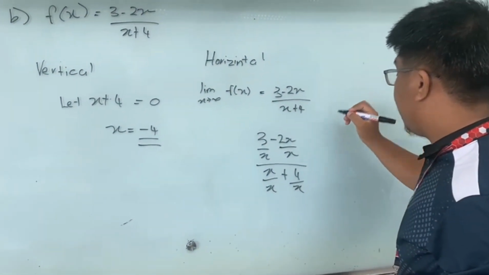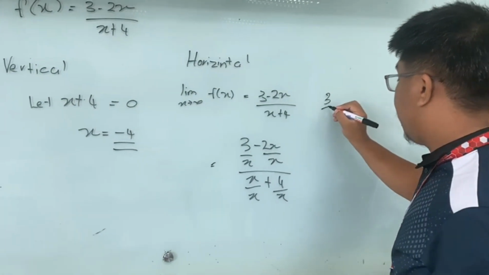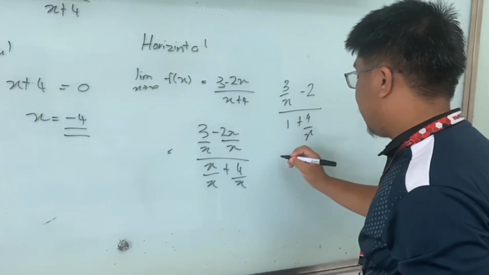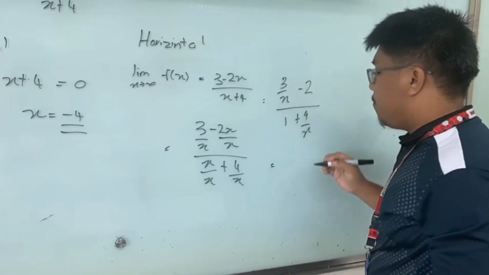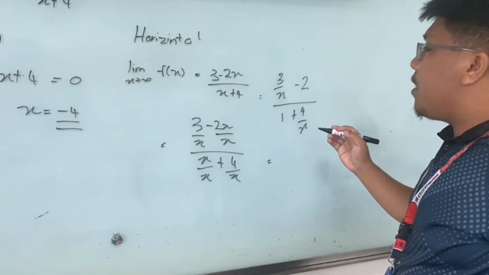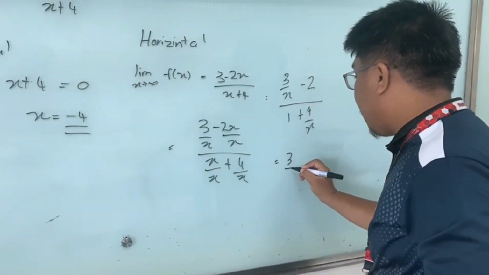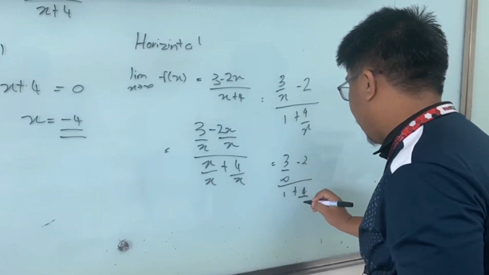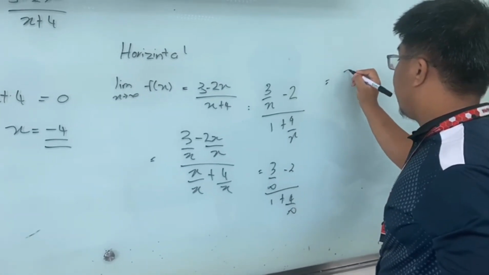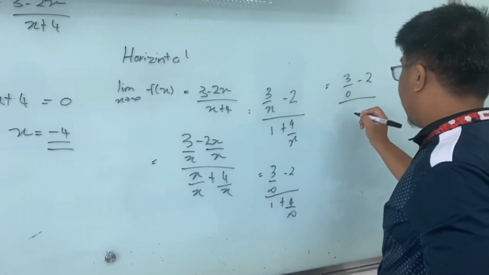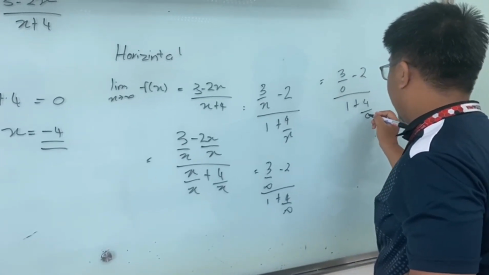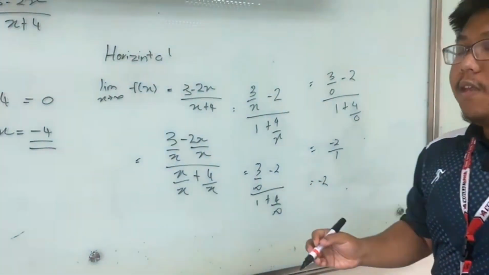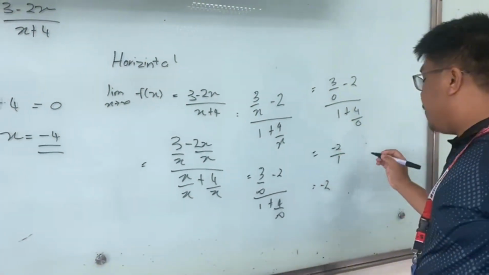Then we input the function to x, and we get the answer to find the horizontal asymptote.